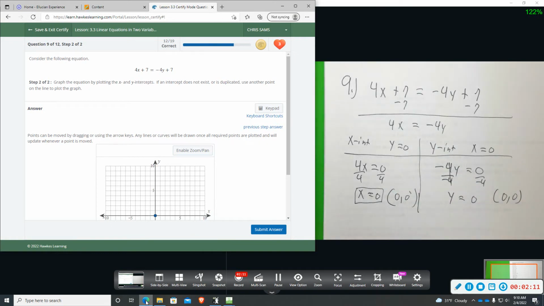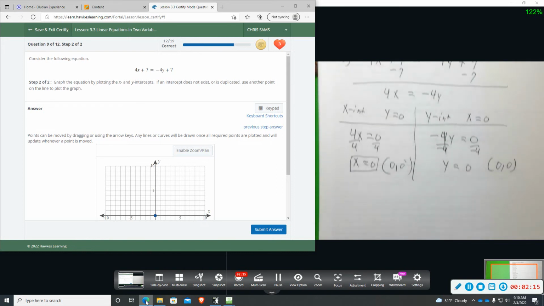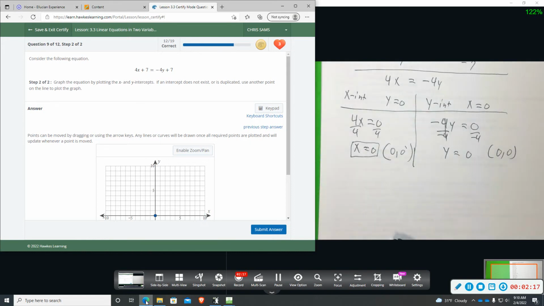Okay, so from there, we then want to graph the equation. So that's the part we're on now. And then notice here, it says to graph the equation by plotting x and y intercepts. If the intercept does not exist or is duplicated, like we have here, same point, we're going to use another point on the graph.